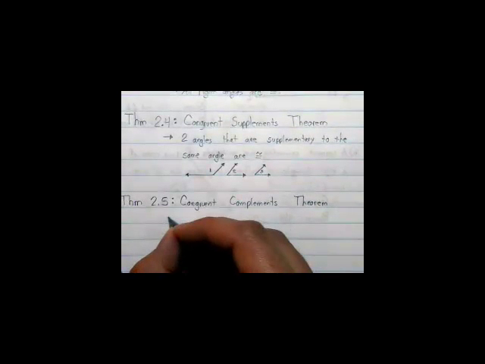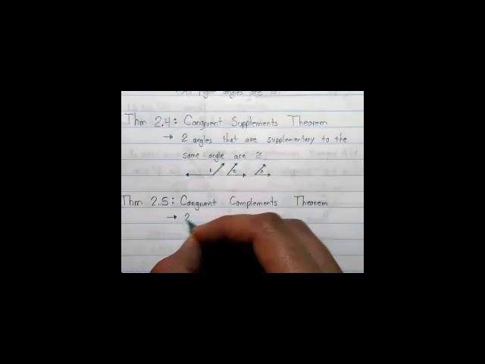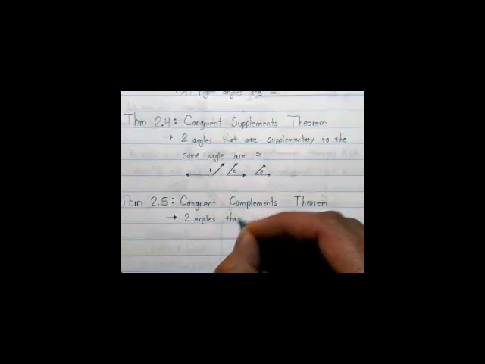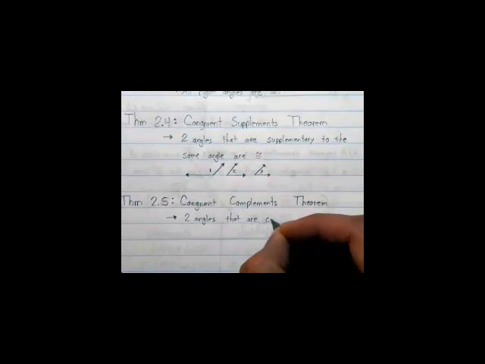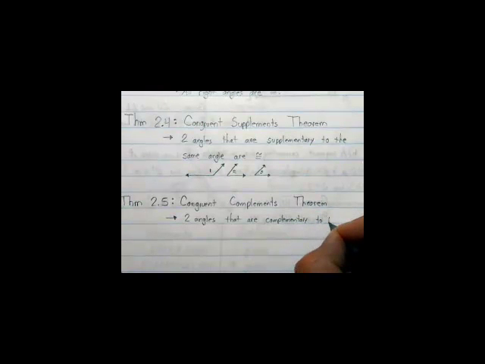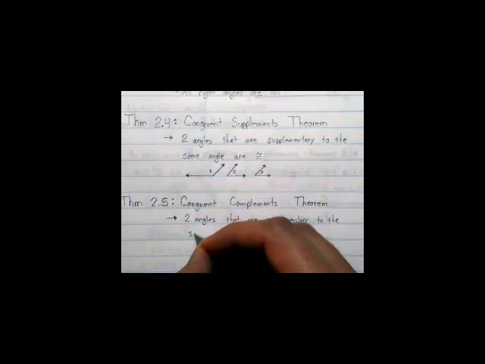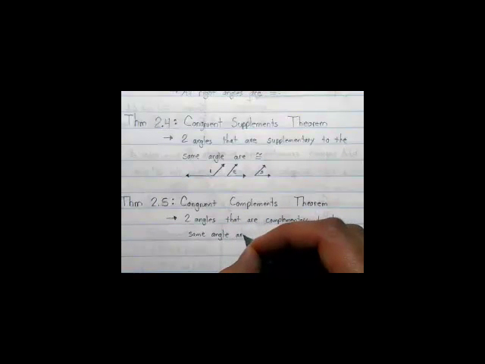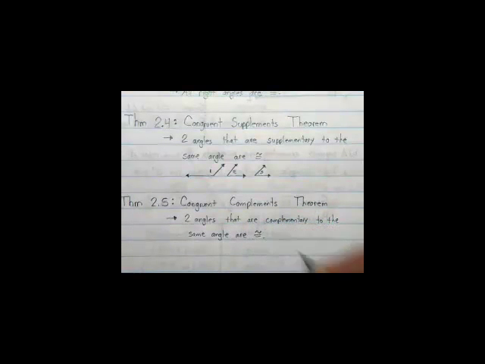And basically, it just states that two angles that are complementary to the same angle are congruent. Okay, I'm not going to draw a little picture for this one, but you can.